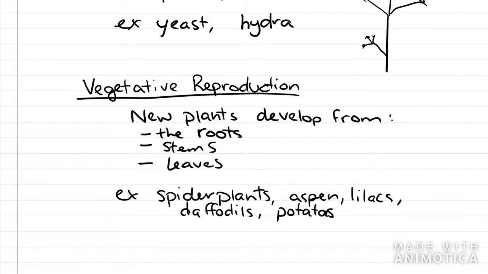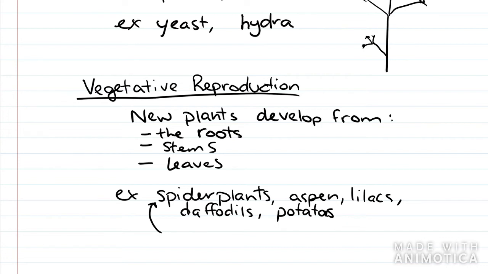So there are a few ways that these can happen. Spider plants, they actually grow off like arms of the plant. These are really cool because then you can snap them off and put them in some soil and they'll grow an entirely new plant.